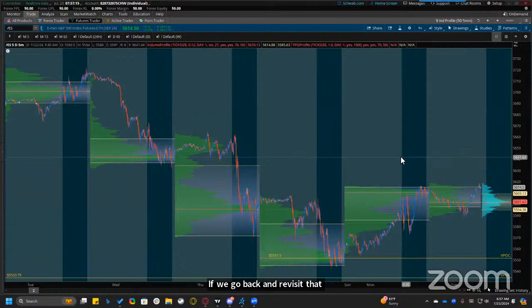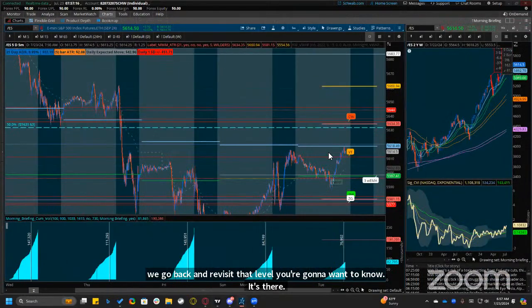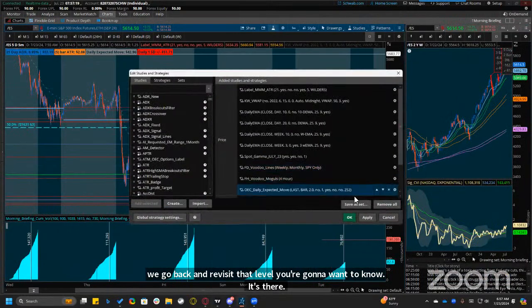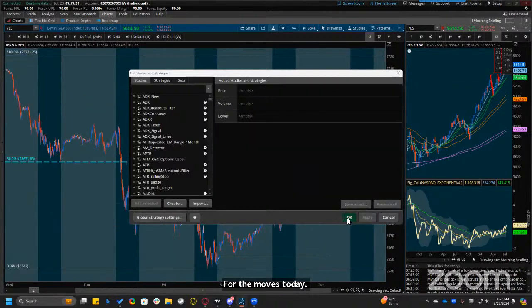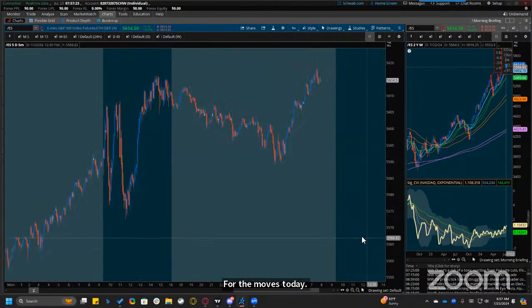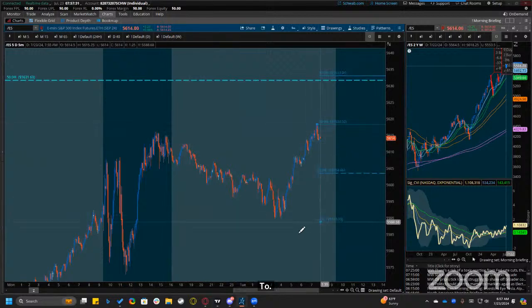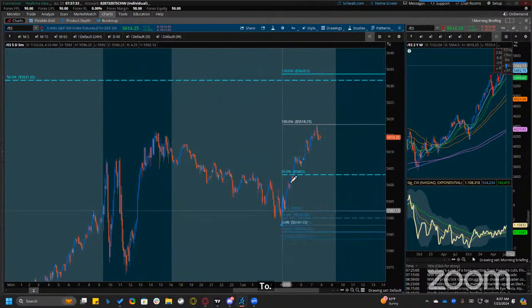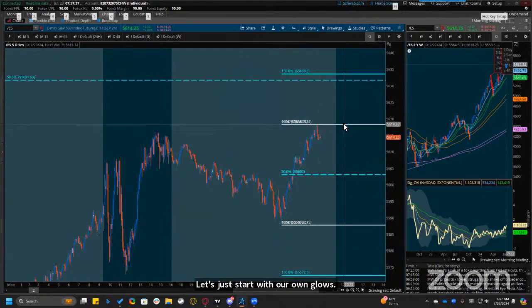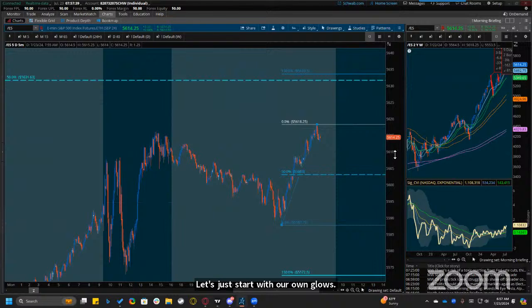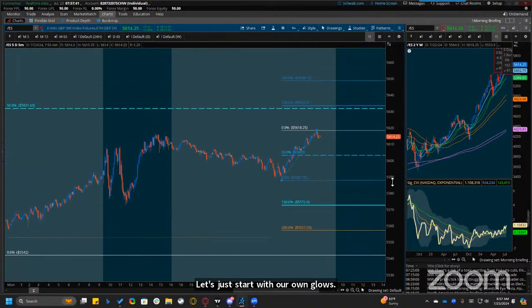For the moves today, simple enough to, let's just start with our own Globex. I mean, there's your plus and minus right there.